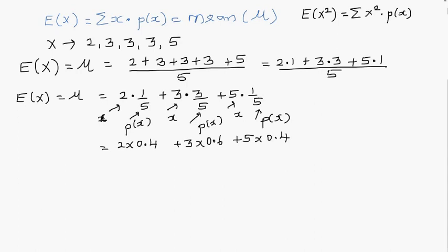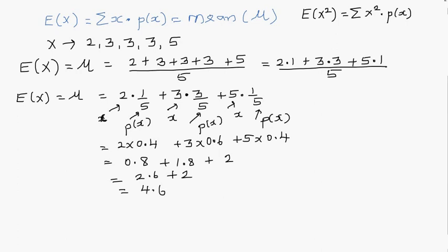So the probability of getting a 2 is 40% or 0.4, the probability of getting 3 is 0.6, and the probability of getting 5 is 0.4. And then of course you can add them up.